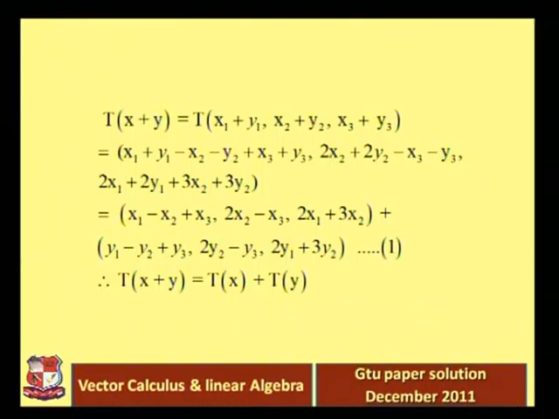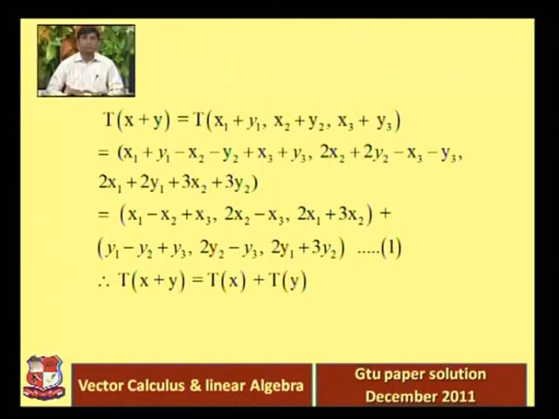Now T of x plus y means T of x1 plus y1, x2 plus y2, x3 plus y3. Using the definition of T, T of x plus y is equal to x1 plus y1 minus x2 plus y2 plus x3 plus y3 as the first coordinate, 2x2 plus 2y2 minus x3 minus y3 as the second coordinate, and 2x1 plus 2y1 plus 3x2 plus 3y2 as the third coordinate.